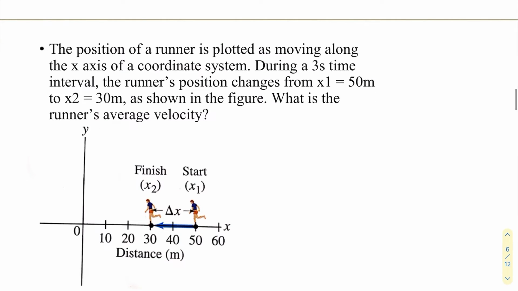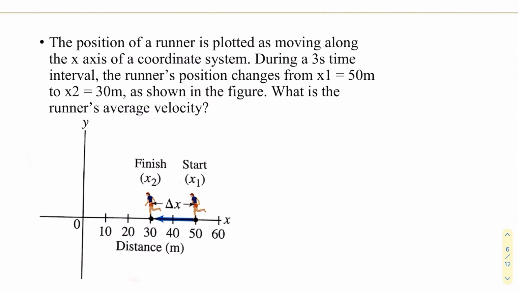Let's have a look at this example. The position of a runner is plotted as moving along the x-axis of a coordinate system. So this runner, firstly, was at this position, which is x1, or initial position.